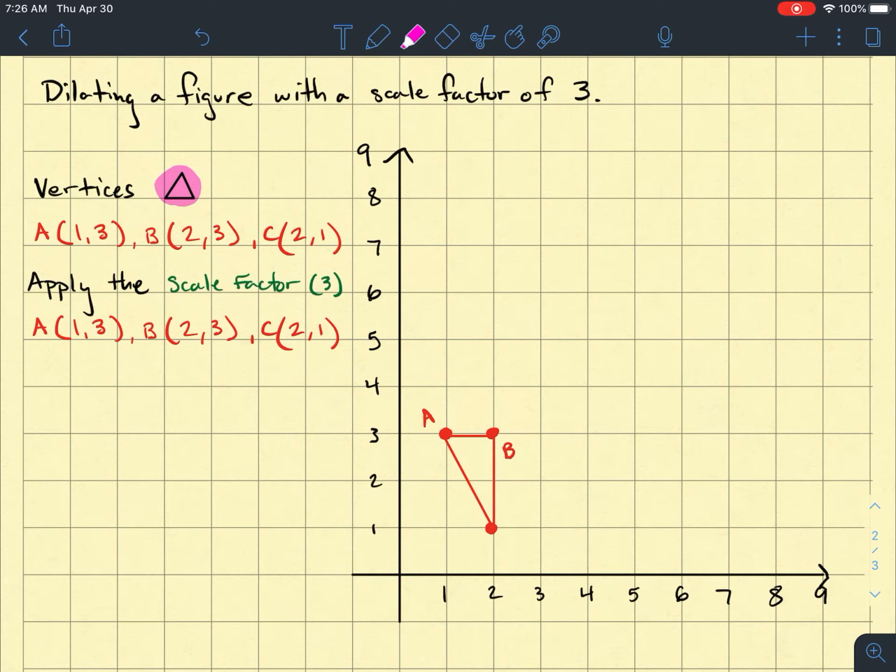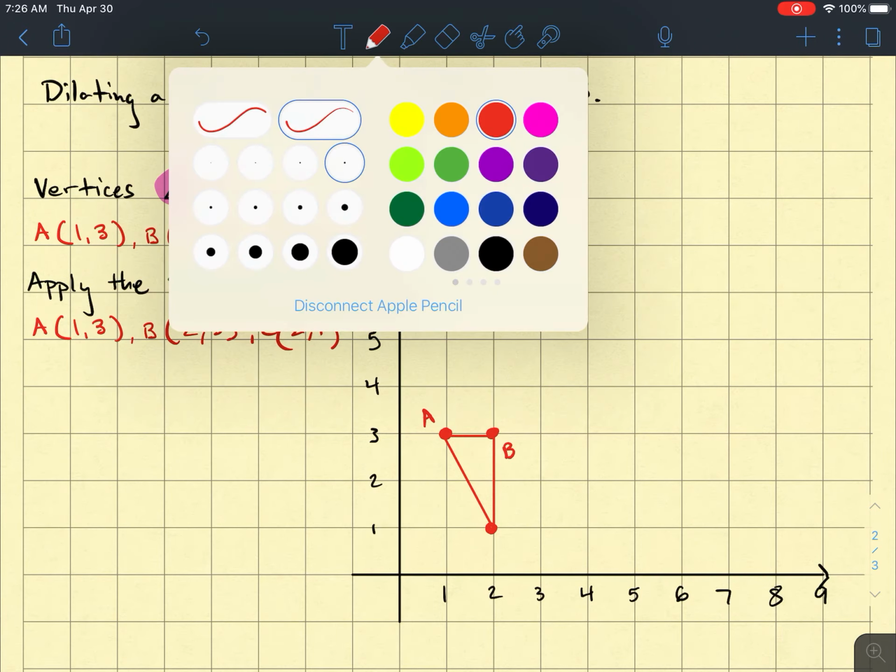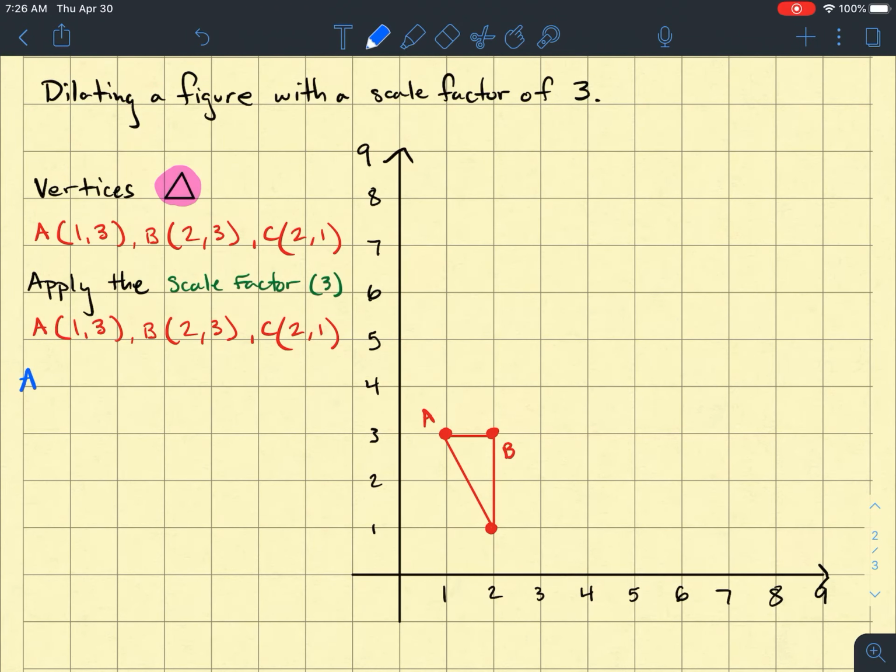So now we're going to take each of these vertices, and we're going to multiply every single number by what? By 3. So my new A, my A prime, we're going to do this in blue.